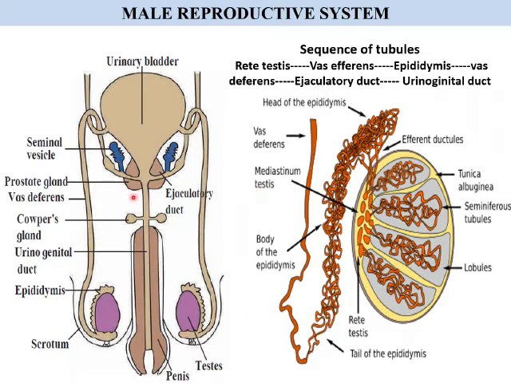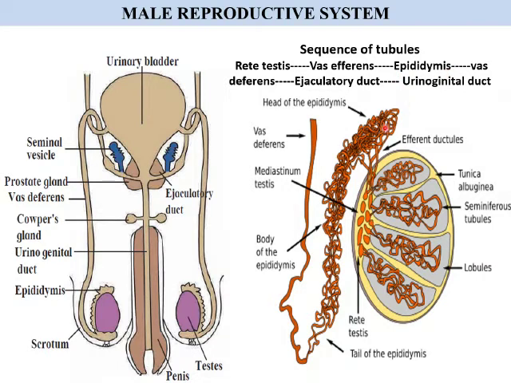Now we move on to the next slide, the female reproductive system. Before we go, here is the sequence. We saw the cross section of the testes with the seminiferous tubules, from where the germinal epithelial cells, by undergoing meiosis, produce the male gametes, which enter the rete testis, then the vas efferens, then the epididymis.